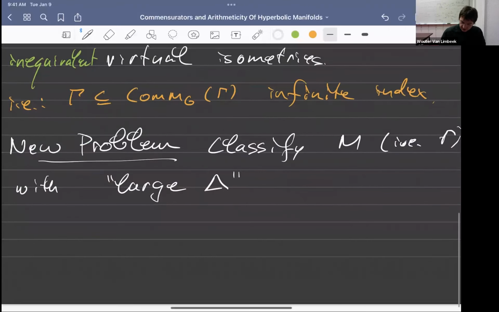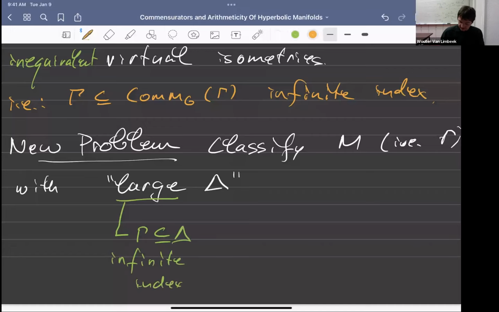Okay, so as I promised, I would be a bit more specific about what large means. And there are at least two things you can say. You could either hope to classify gamma in delta where it's just infinite index, which is to say that you get infinitely many virtual isometries.